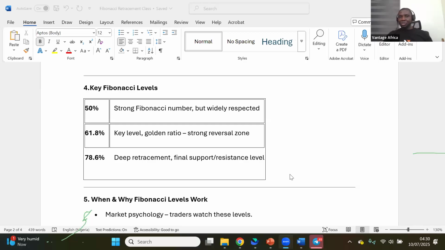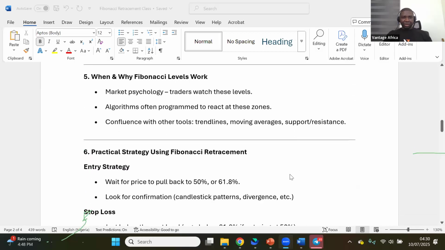And when it gets there, you start to see price react there, and then it starts going in the direction you had initially anticipated. So this is usually referred to as a deep retracement. Of course, when price goes beyond that level, you know that the market has changed direction. There's no more retracement. That is a complete reversal now, right? So yeah, we're going to look at that.